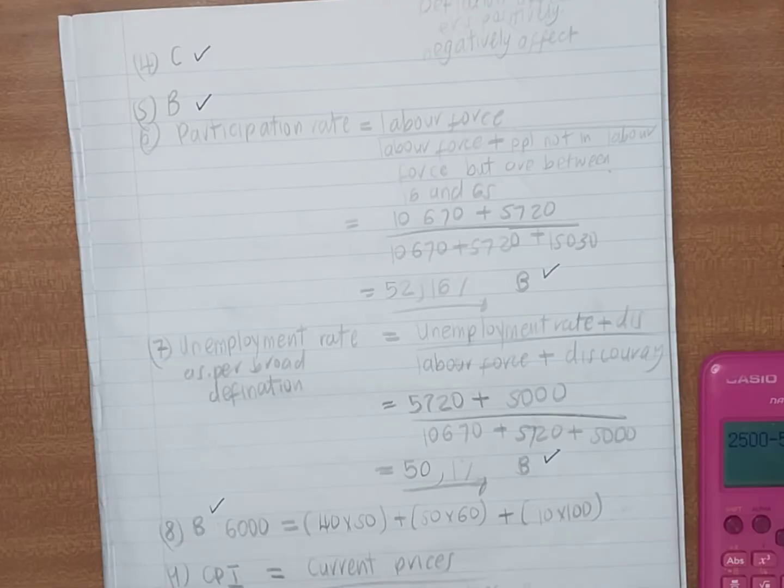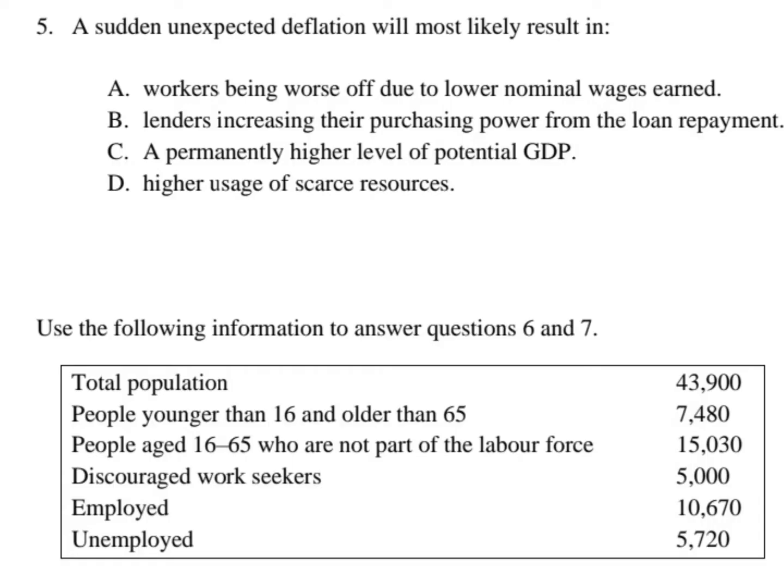So number 5 says a sudden unexpected deflation will most likely result in. Whenever you are looking at deflation, you always consider the impact of deflation on your borrowers as well as the impact of deflation on your lenders. So think about it. Remember, in the market of loanable funds, households are the lenders, right?